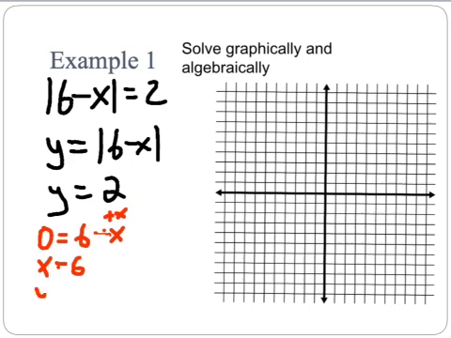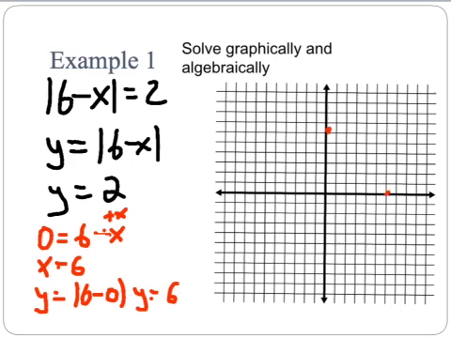And if I sub in a 0 for x, I get y equals 6 as well. Okay, so I have my y-intercept at 6, so let's go up 1, 2, 3, 4, 5, 6 right there. And to the right, 1, 2, 3, 4, 5, 6 right there.